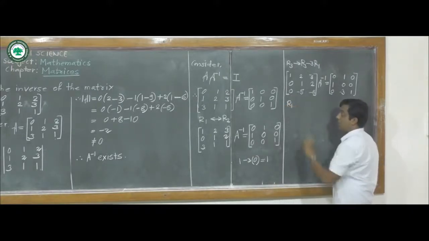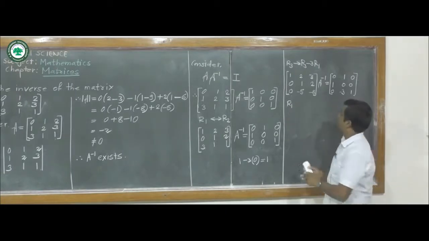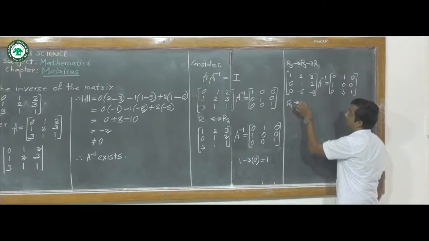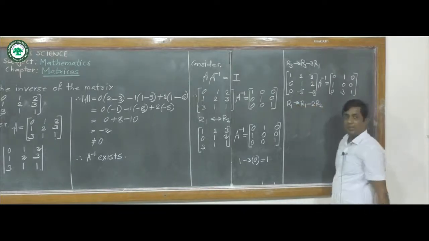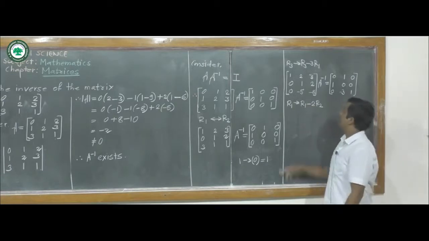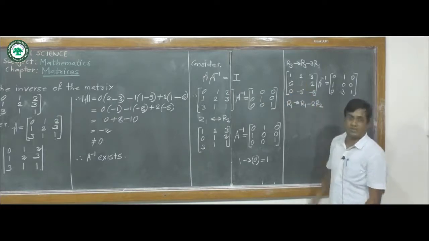The change is in row first, and the change is row first minus 2 times row second. That is, we multiply each element of row second by 2 and we subtract this from row first.